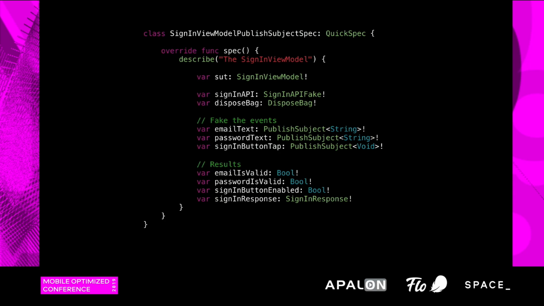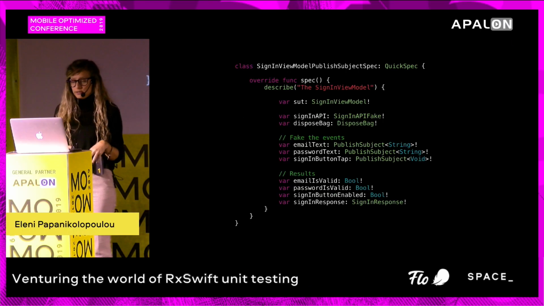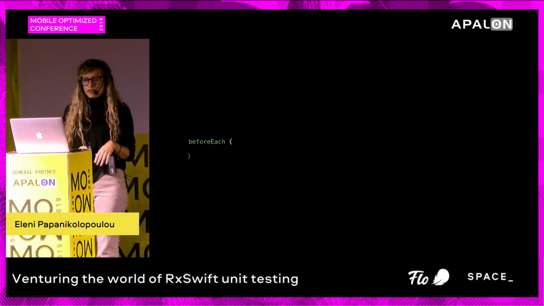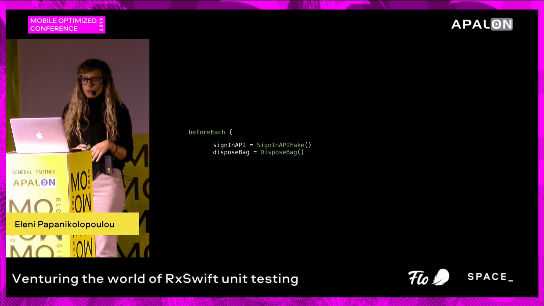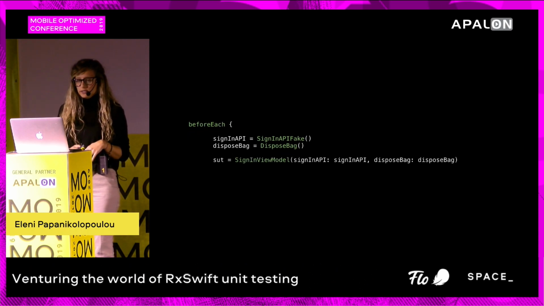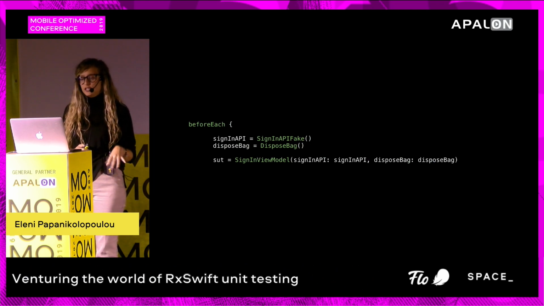And we also have properties for the output events of the view model, which we will use afterwards to verify the results. So in the beforeEach, we initialize our sign-in API and our dispose bag. We initialize the sign-in view model with a sign-in API fake and a dispose bag.